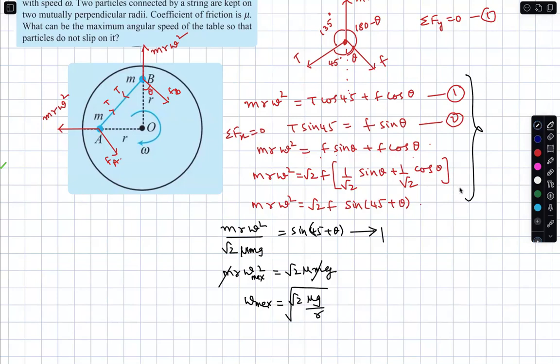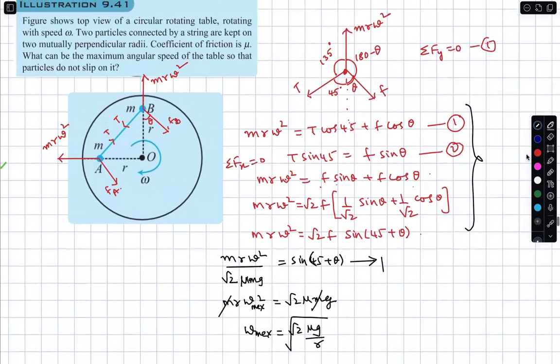You said Lami's theorem. Then I'll change the color and I'll try to teach you in a different way. Sir, you take M R omega square by sin 45 plus theta. Take F by sin 135. Sin 135 is cos 45.